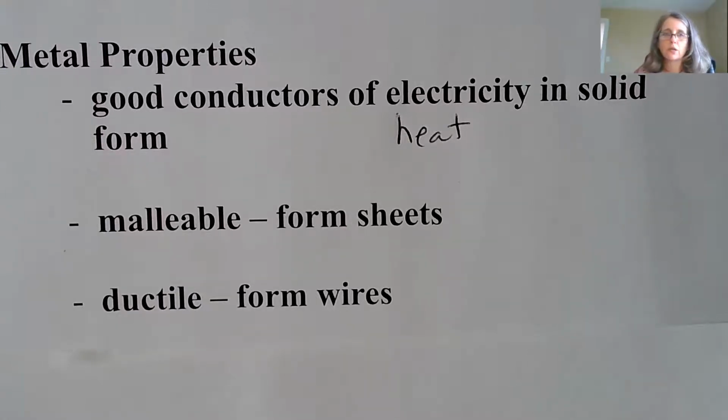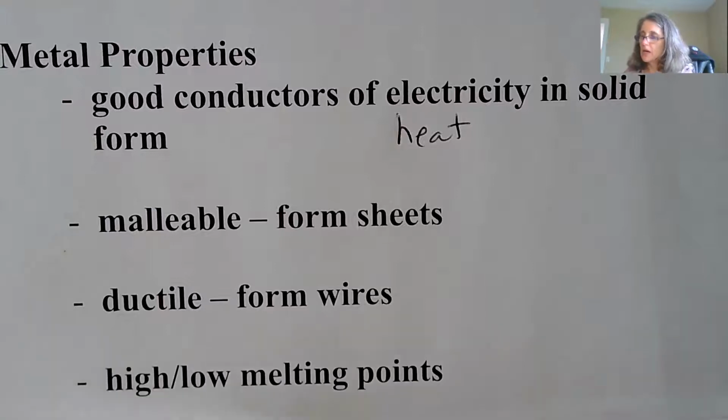So malleable and ductile are two descriptive words that are used to describe metals. And that is also due to the fact that the structure has those electrons, what we call delocalized, so they are freely moving. So you can push them into a sheet and still have the aluminum. It's not going to destroy anything there.